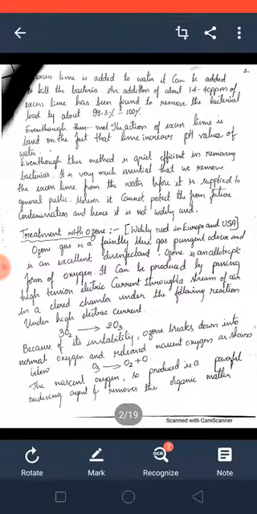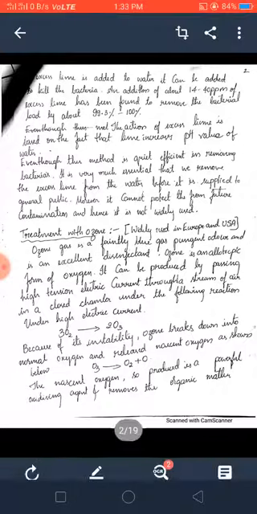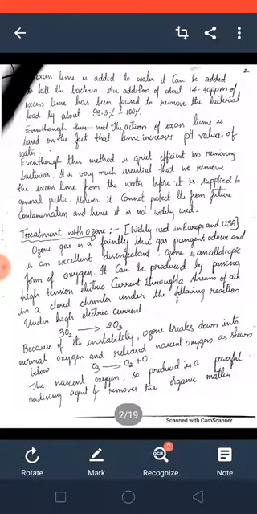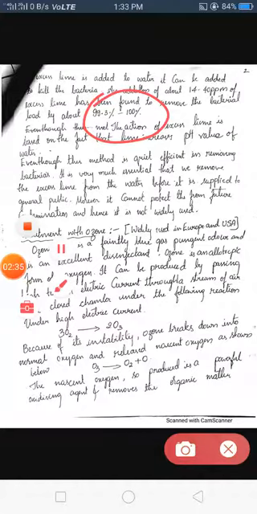For 1 liter, the addition of lime is 40 milligram. When you add such a quantity of lime to the water, it kills about 99.3% to 100% of the bacteria present in the water.